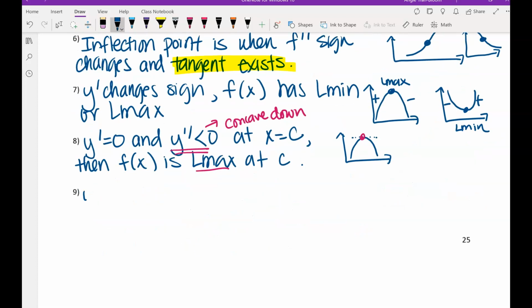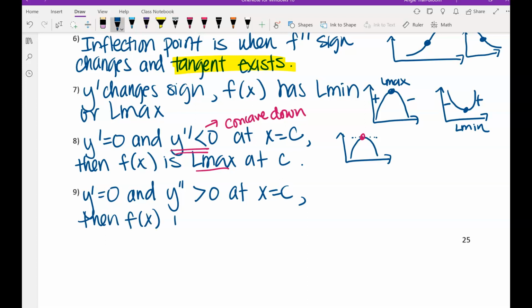Last one. If you have y prime equals 0 and the double derivative is concaving up, which is positive, at x equals c, then f of x is a local min at c.